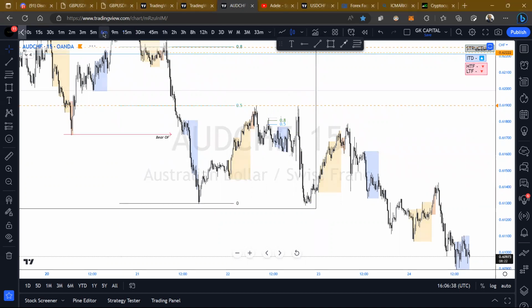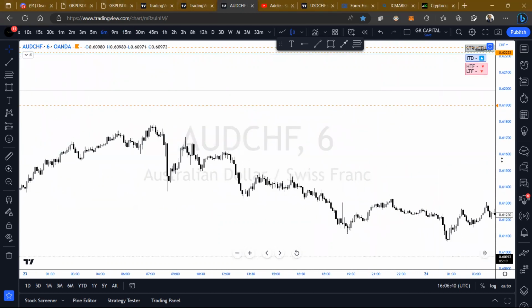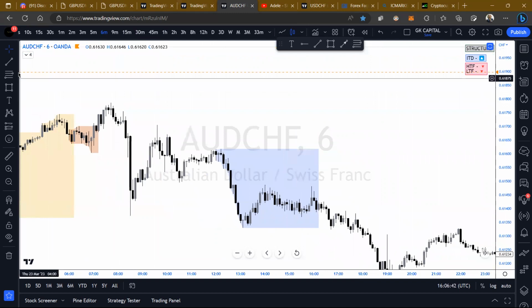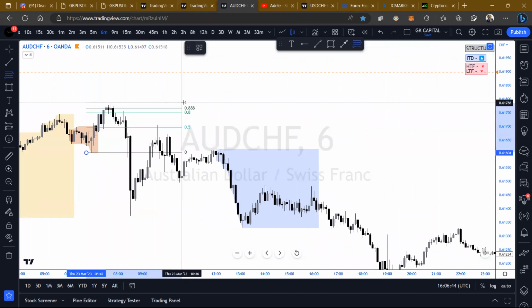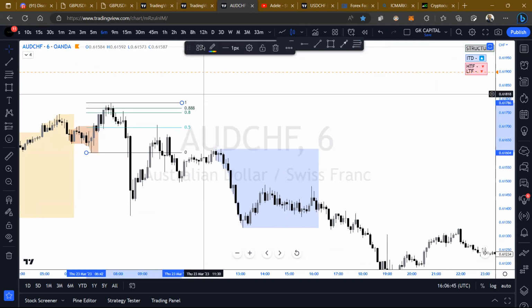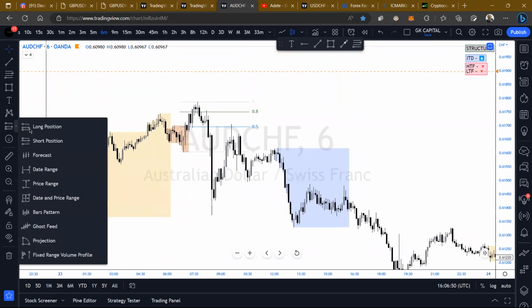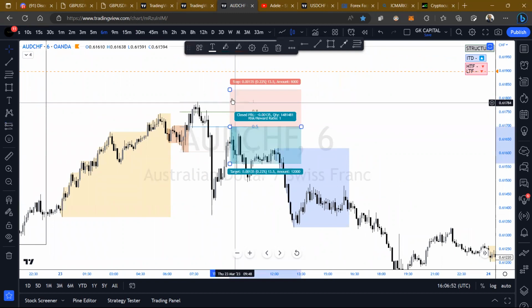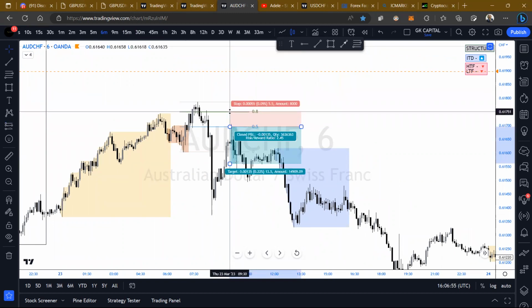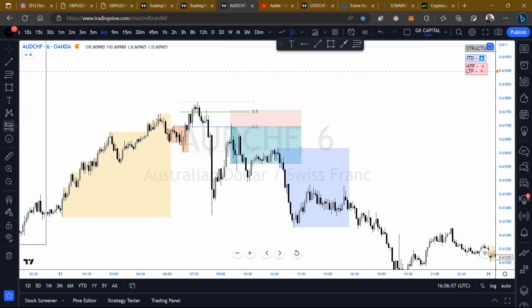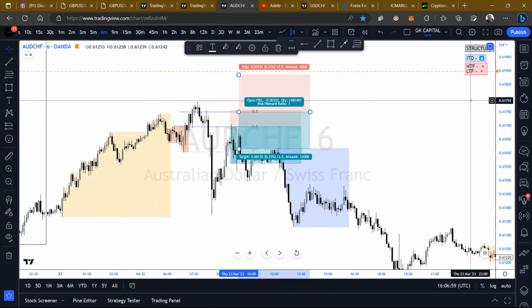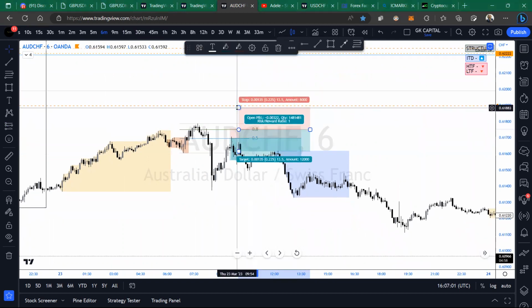Let me actually look at that. Oh, right after 50, huh? Yeah. 6. Well, you want to go 6 pips with spreads, then cover that up.